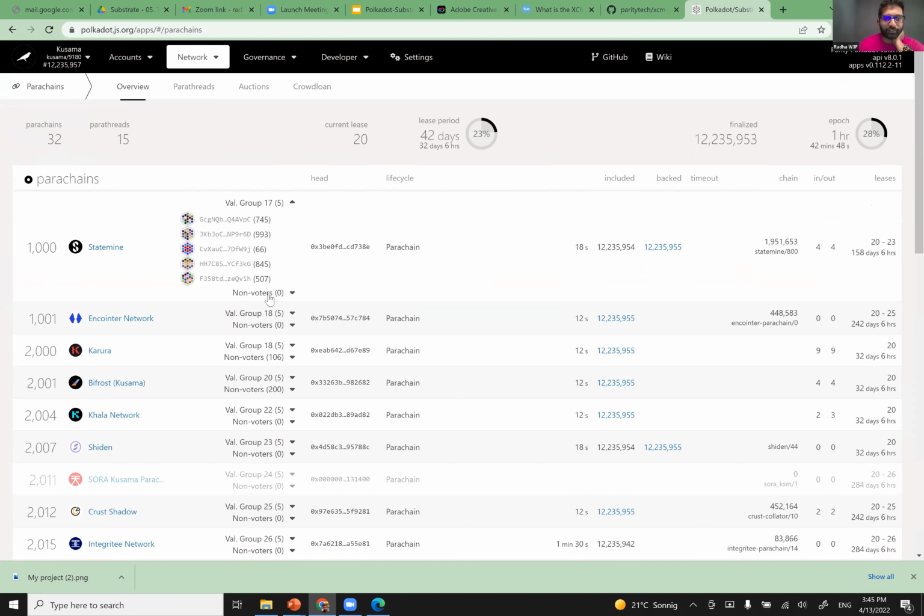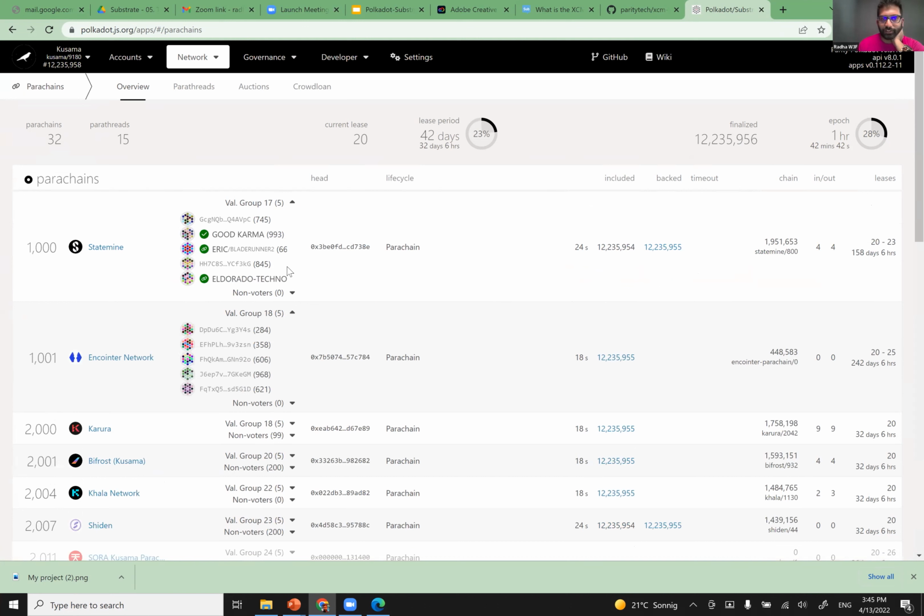So the statement has these 5 para validators, and it actually switched for the next block. If you just observe that, this sort of switching of validators, there are 1,000 of them. BABE and GRANDPA are together the consensus engines on Polkadot, and that takes care of this flipping.